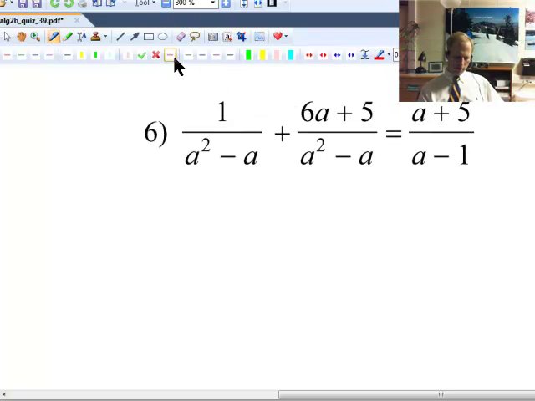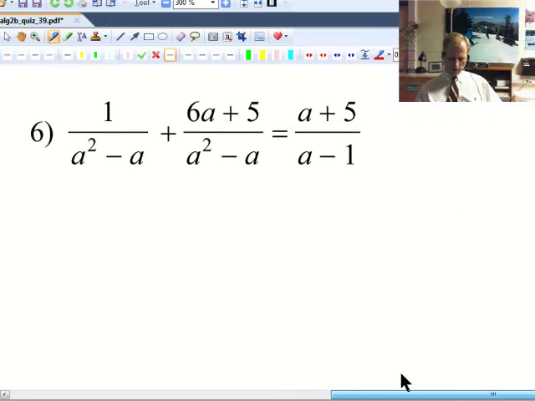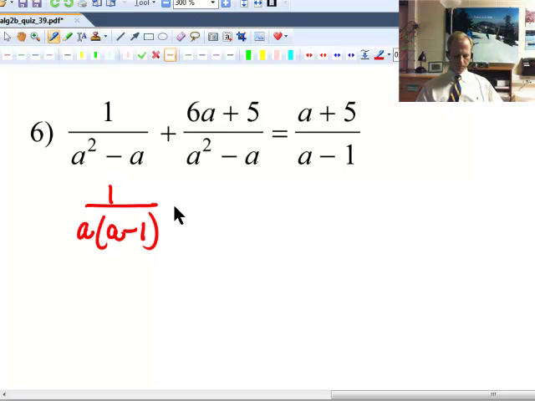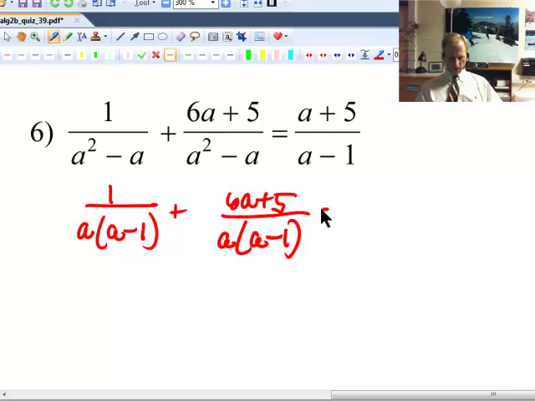Right, and finally I have this equation, which I'm going to have to factor before I figure out what the LCD is. So a squared minus a factors to be a times a minus 1 because that is a common factor.